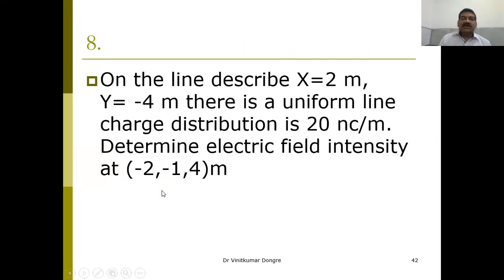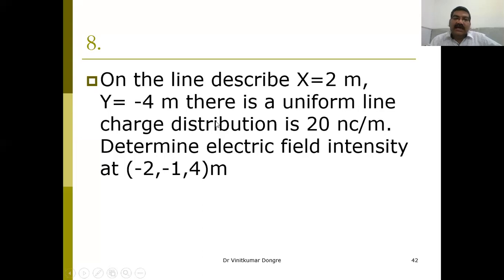So this is one very simple numerical on the line. Describe a line at x equals 2 meter, y equals minus 4 meter. There is a uniform line charge distribution of 20 nanocoulomb per meter.